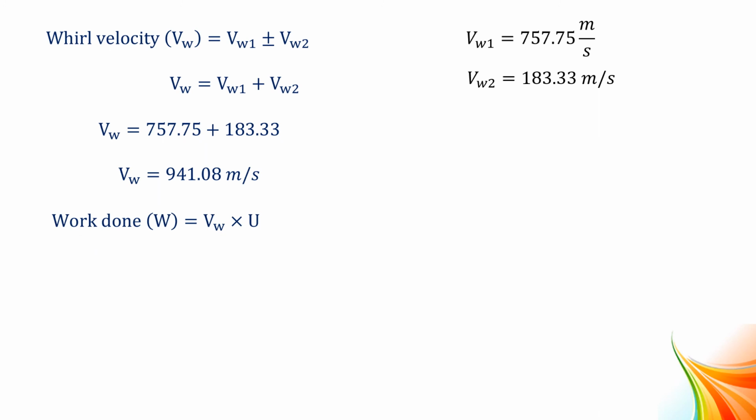Now we have to find out the work done W. W equal to VW into U. U equal to 300 meters per second, which is given in our problem. Substituting the values of U and VW in the work done equation, we get W equal to 282324 joules per kilogram.